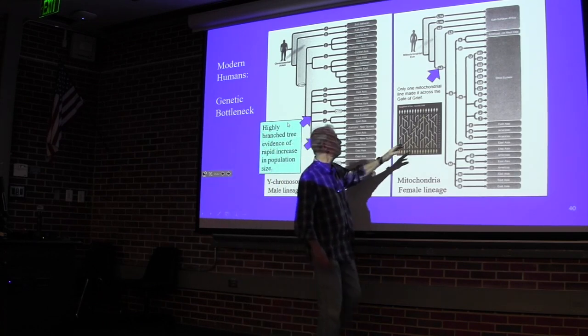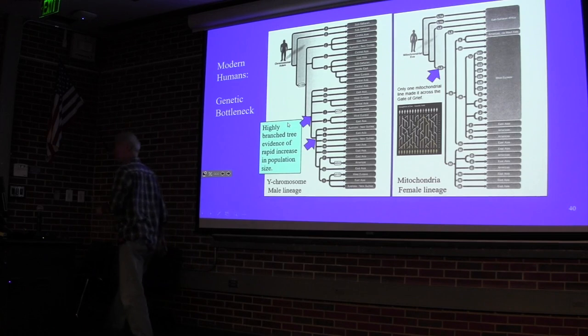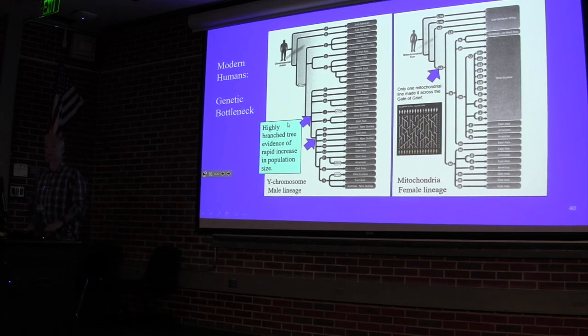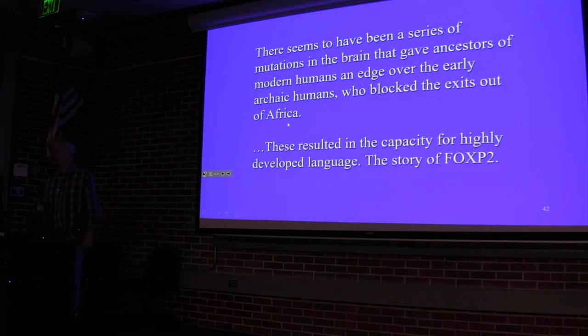The same kind of bottleneck appearance occurs in the female mitochondria. Of course, all mitochondria come from the female, right? You inherit your mother's mitochondria. And this is just a nice little illustration of the spread.